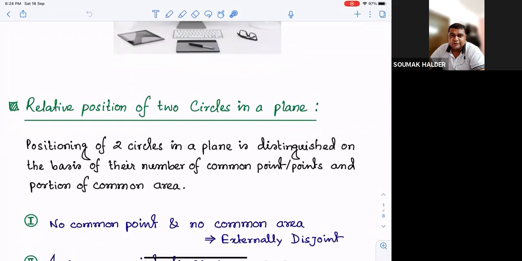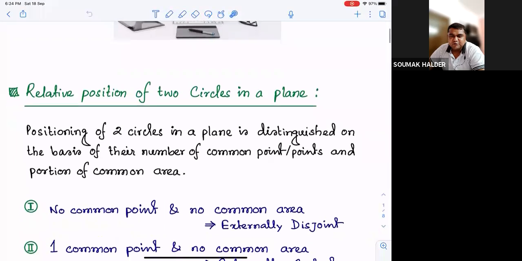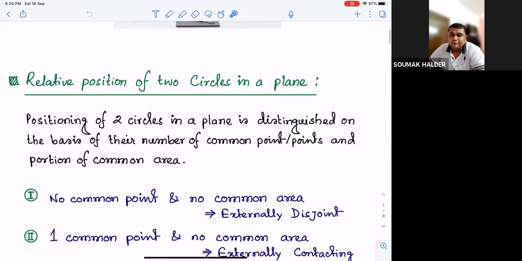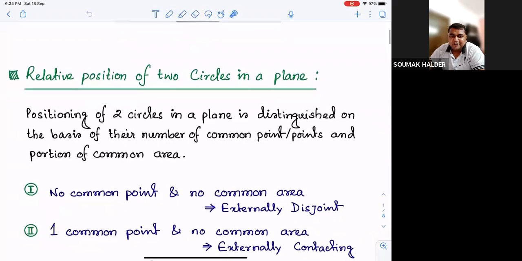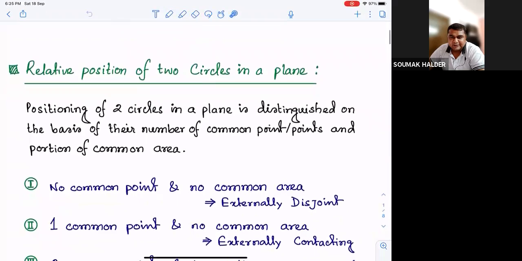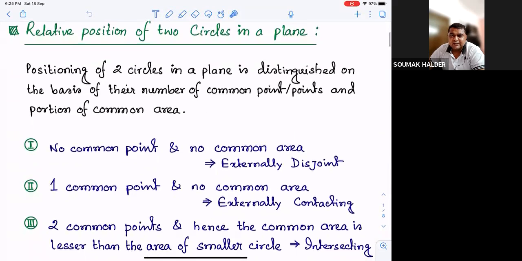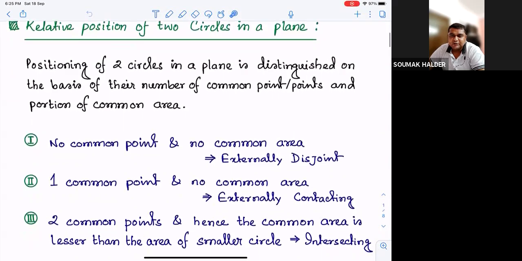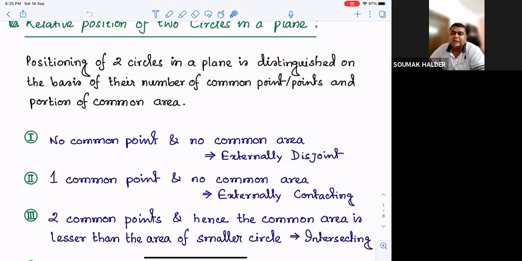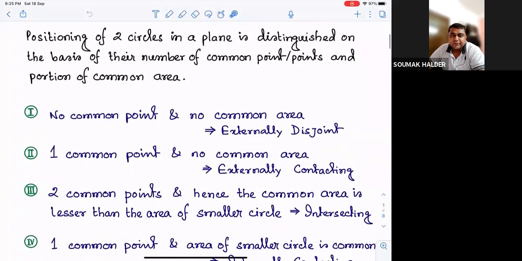The first one is no common point and no common area. In that case, we will mark the circles externally disjoint. If we have one common point and no common area, then we will mark externally contacting. For two common points and hence the common area is lesser than the area of the smaller circle, we mark such positioning intersecting positions.